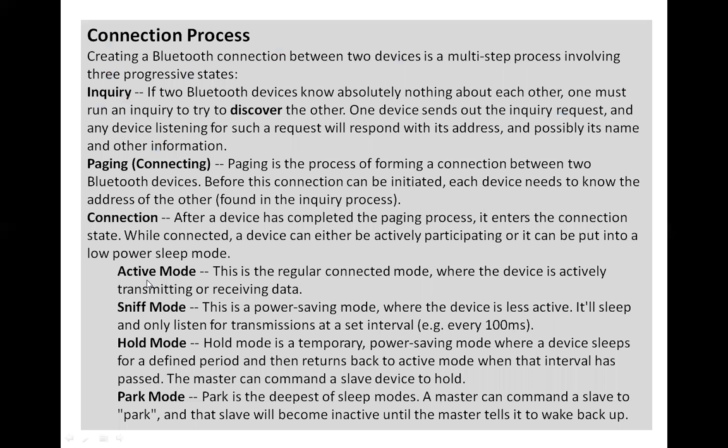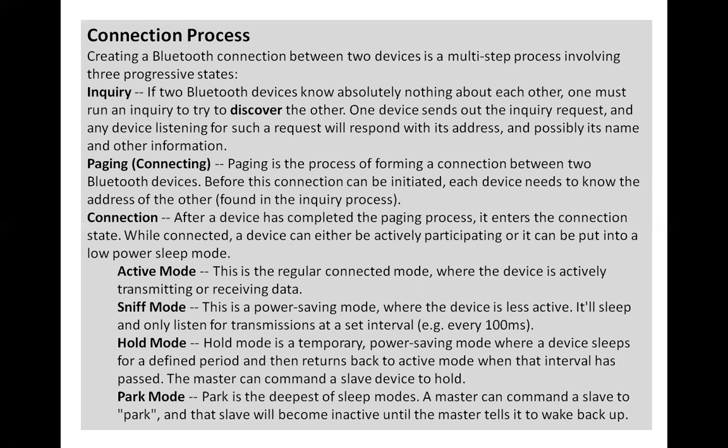Now, what will be the connection process adopted between the two devices? Creating a Bluetooth connection between two devices is a multi-step process involving three progressive states. First is inquiry. If two Bluetooth devices know absolutely nothing about each other, one must run an inquiry to try to discover the other.